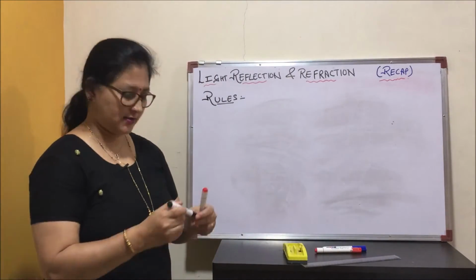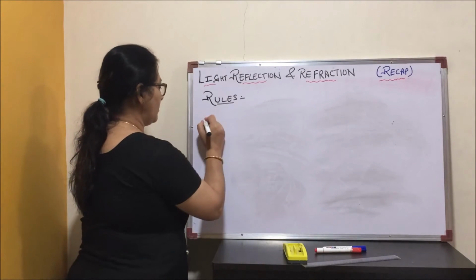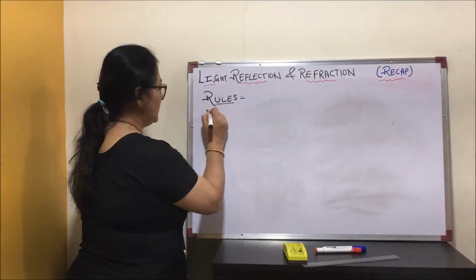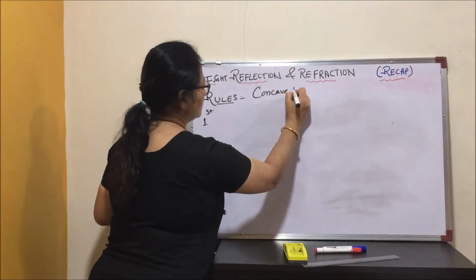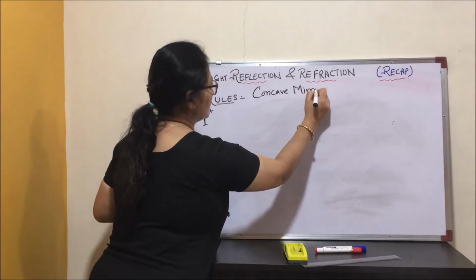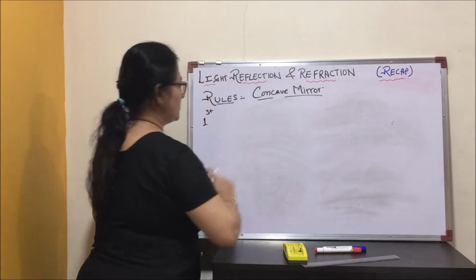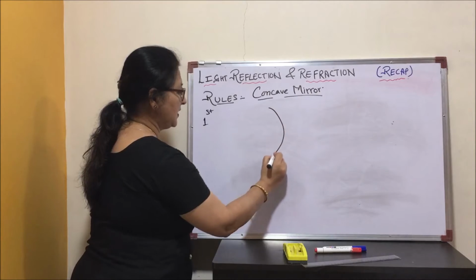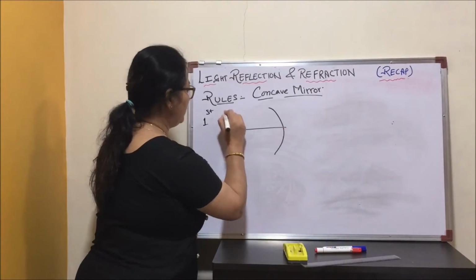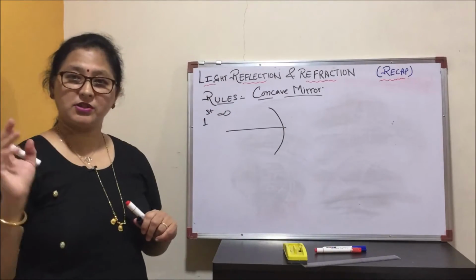Let's revise it first. If you remember, what was the first case? Concave mirror. In the first case, the object was at infinity.